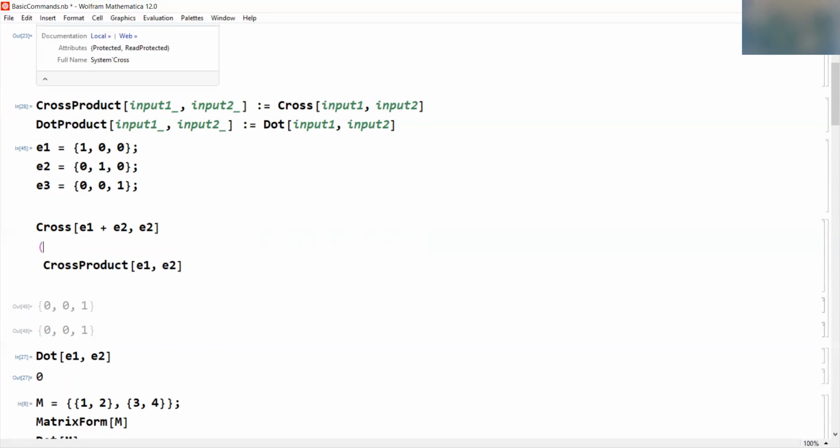I would just write E1 plus E2 cross E3 is equal to E1 cross E3 plus E2 cross E3. When you think about what's going on with the cross product, does this make sense? Do you believe this rule?